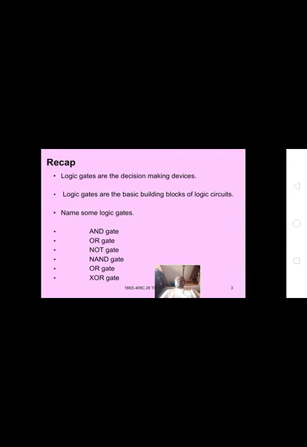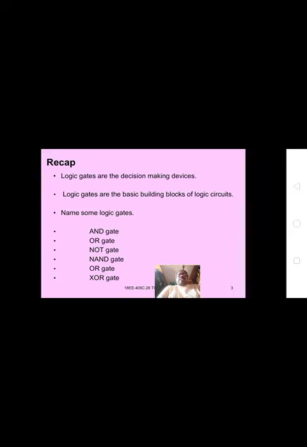Here in all these gates, AND, OR and NOT are the basic logic gates, and NAND and NOR gates are the universal gates, like our blood groups, O positive and O negative. These two are universal bloods. Like that, NAND gate and NOR gate are the universal gates.